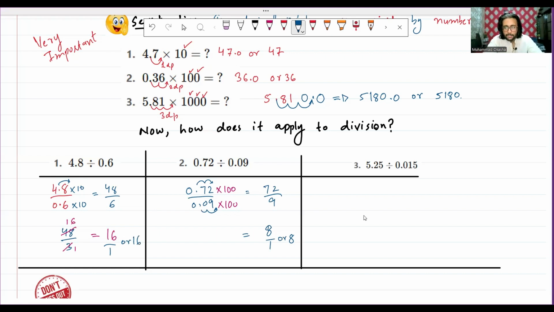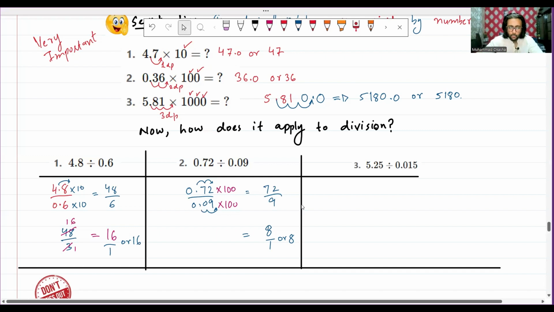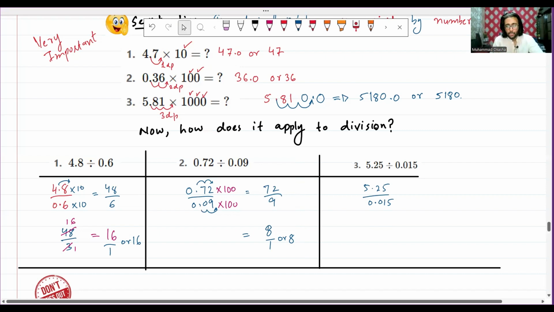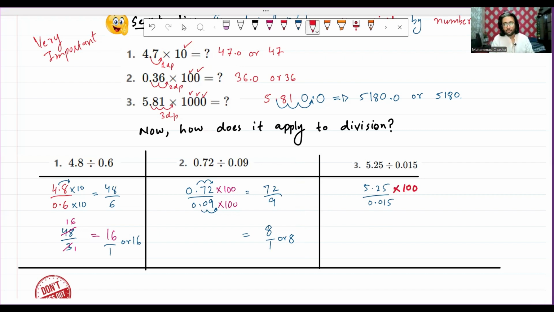Okay. Again, it's the same thing over here as well. 5.25 divided by 0.015. Now, here's the problem. If I multiply the top by 100, I will get rid of the decimal point because there are 2 decimal places.